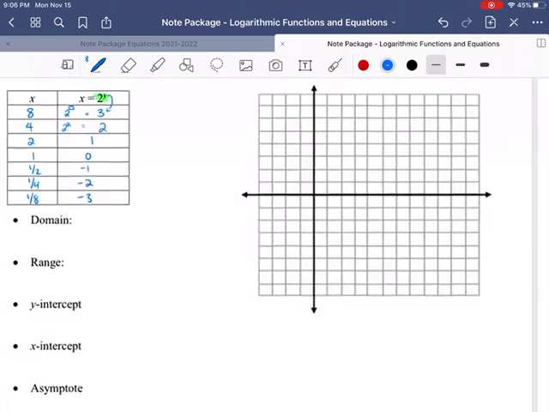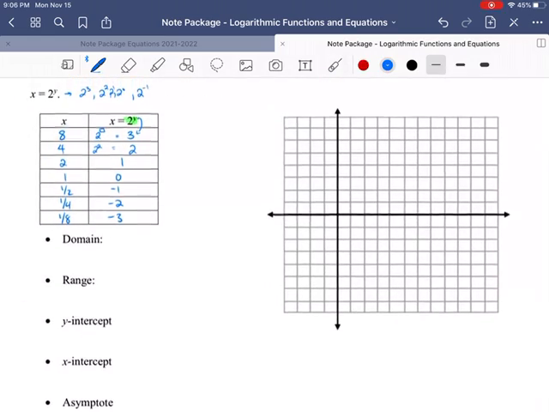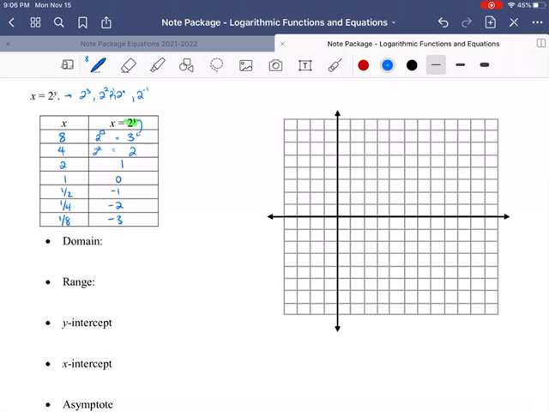Interesting. So let's try and graph this thing. So x is 8, and our corresponding y value is 3. So we're going to go to 8, 1, 2, 3, 4, 5, 6, 7, 8, and 3, 1, 2, 3. So up there. Okay. And then we're going to get 4 and 2.